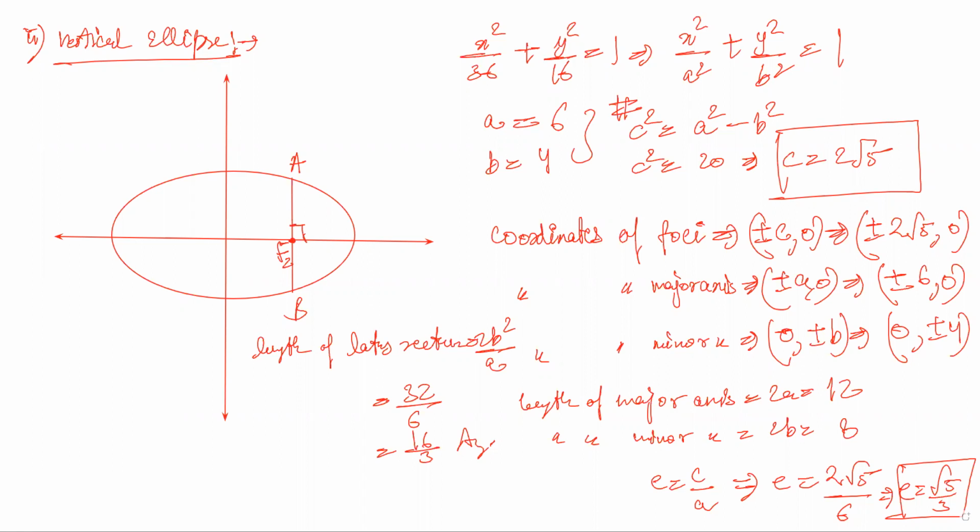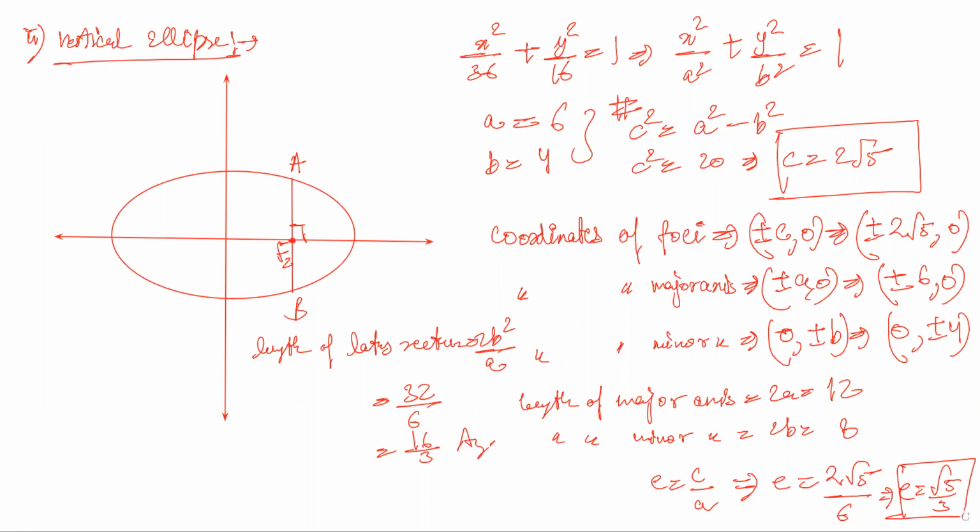Length of major axis and minor axis? Length of major axis is 20 and length of minor is 10. Correct.